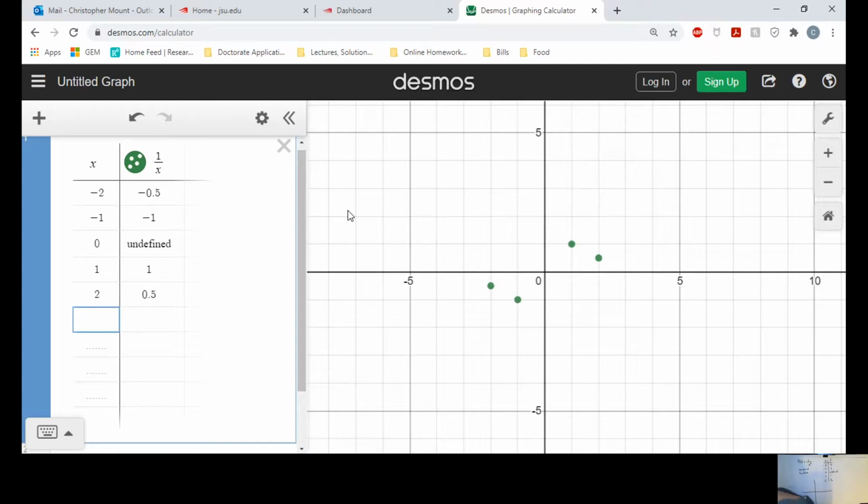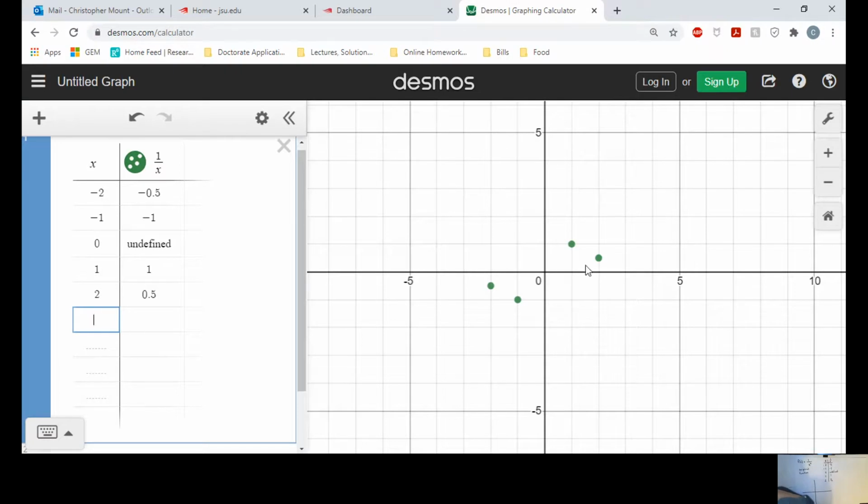What I'd like to investigate is what's happening as I approach that 0 value, because 0 is where everything just goes crazy, right? Whenever you've got a function like this with an undefined spot, a good technique is to try to get close to it to see what happens.